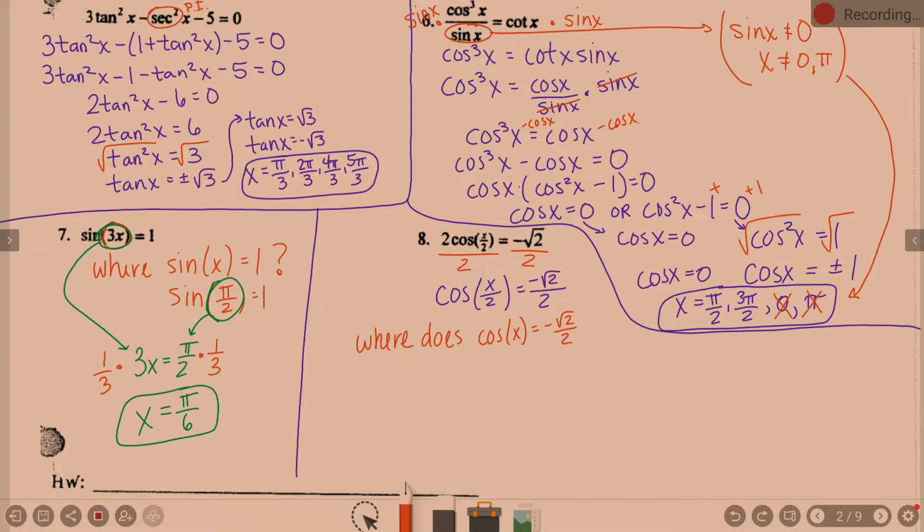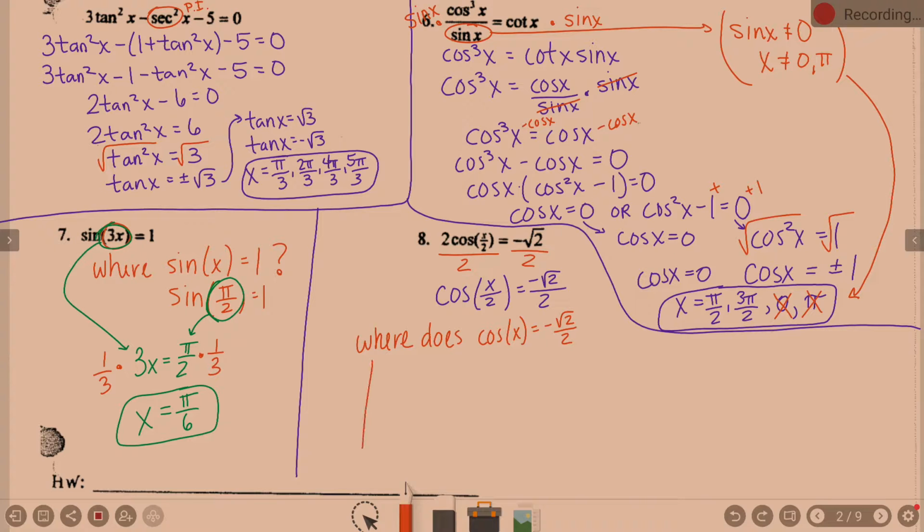Where does that happen? So let's start off with, where does cosine equal square root of 2 over 2? Forget the negative for a moment. Where does cosine equal square root of 2 over 2? And that happens at pi over 4.